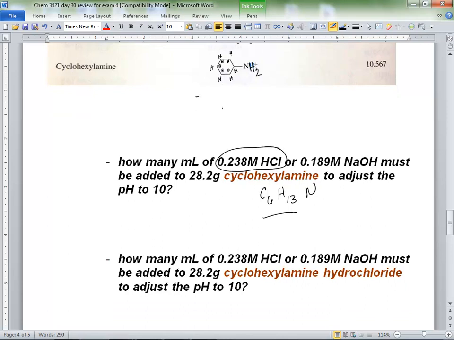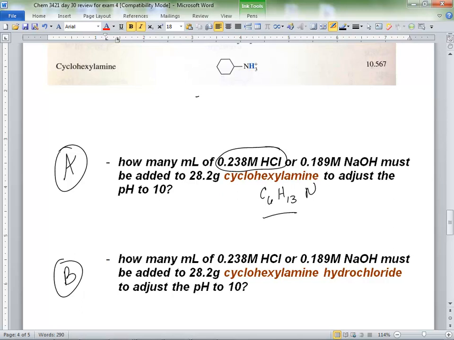Let's erase this. Let's do the molar mass. Let's get started for number B here. What would be the structure? Would you add HCl or NaOH first for part B? You would add which one?